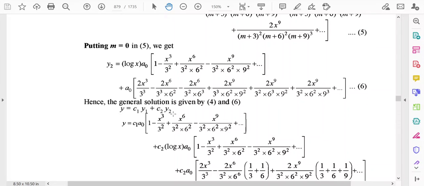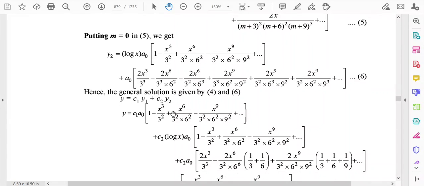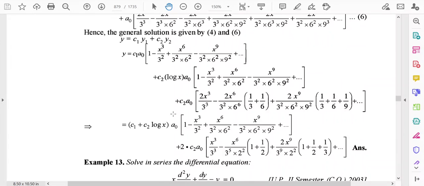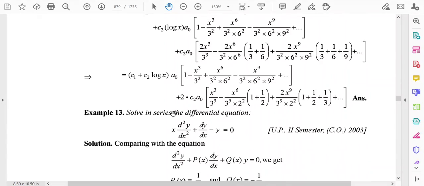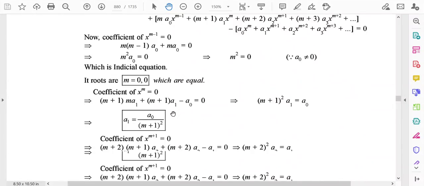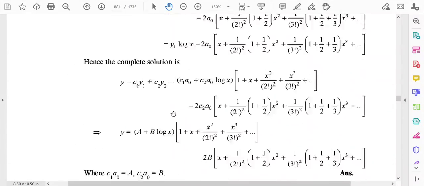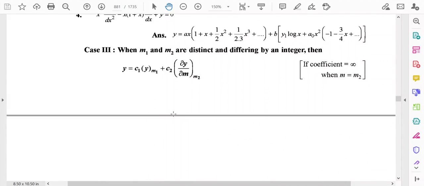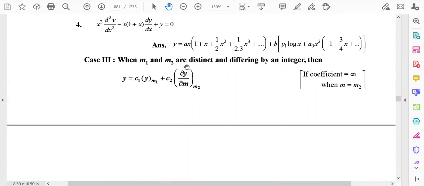So this is the case when the roots of the initial equation are equal, for example 0 and 0. You can go through some more examples from the textbook of Das and Verma, but now we will discuss another case, that is when m1 and m2, the roots of the initial equation, are distinct and they differ by an integer.